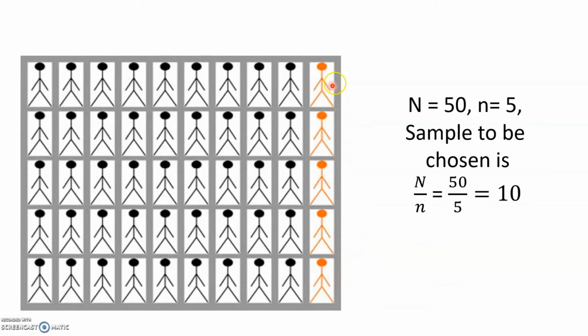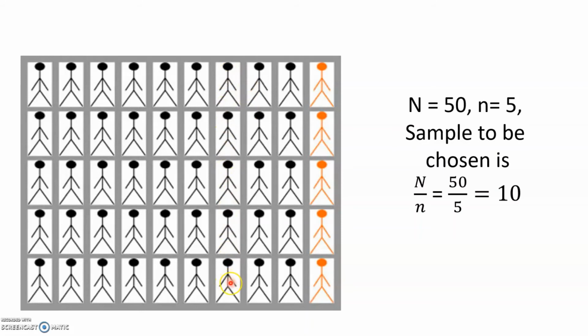Let's say we started with the number 7. Then your next sample would be 7 plus 10, which is 17. Then 17 plus 10, 27. Then 37, 47. So these would have been your samples.